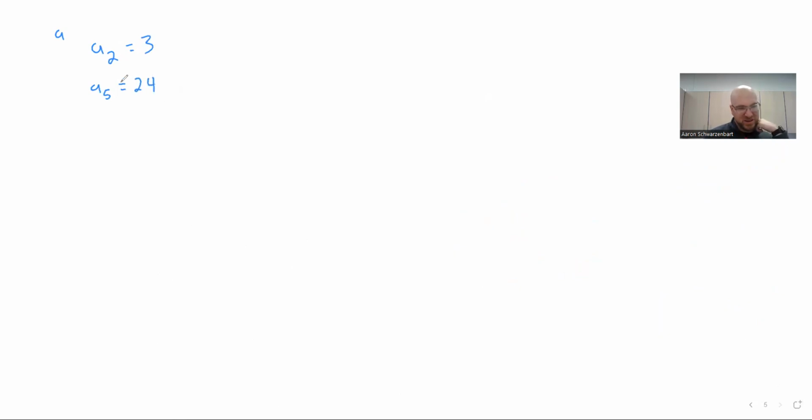And we know this is arithmetic, which means a sub 3 equals 3 plus r, and a sub 4 equals 3 plus r again, so 2r. And a sub 5 equals 3 plus 3r, which, hey, that's 24. Oh, it shouldn't be r, this should be d. This is arithmetic. Common difference. What am I adding each time?